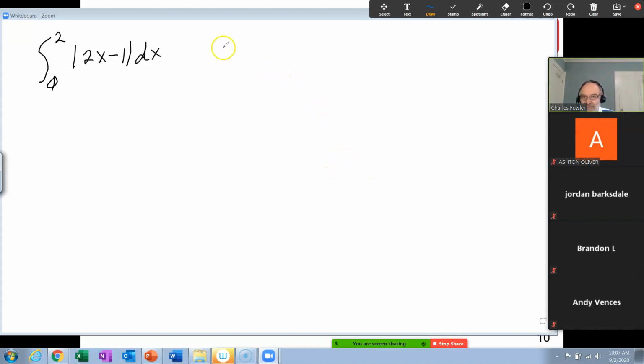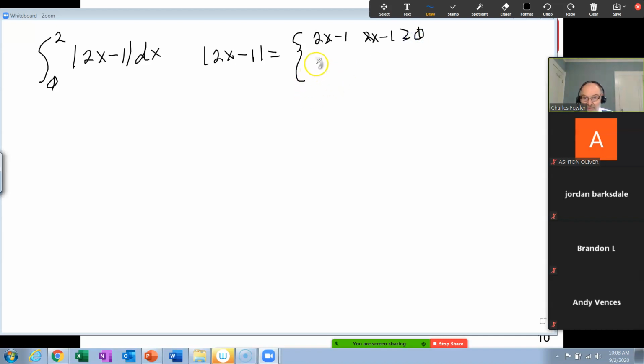What we do here is rewrite what's in here as a piecewise defined function. The absolute value of 2x minus 1, its definition is 2x minus 1 anytime 2x minus 1, this is a stupid way to write it, is greater than or equal to 0.